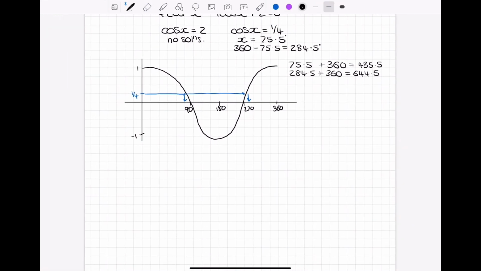So in total, we've got 4 solutions for x. We have 75.5 degrees, 284.5 degrees, 435.5, and 644.5.